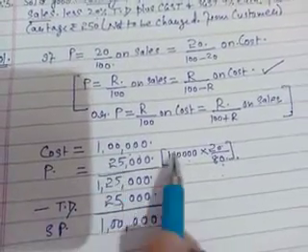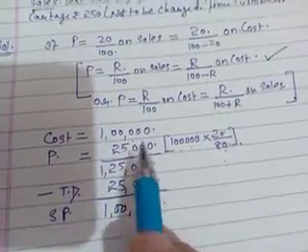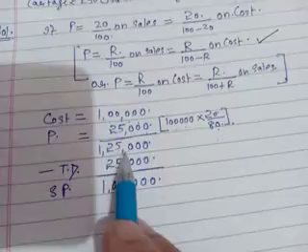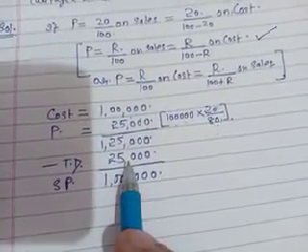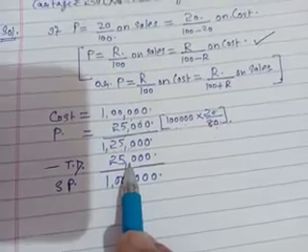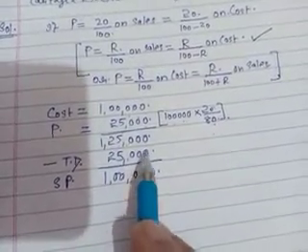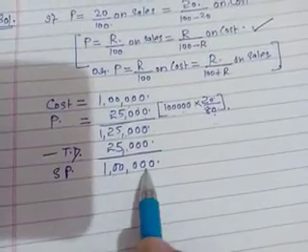Profit is 1 lakh into 20 over 80, that is 25,000. So the total amount is 1,25,000. Trade discount is 20%, that means 25,000. So again, selling price comes out to be 1 lakh.